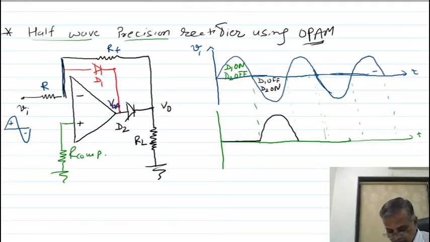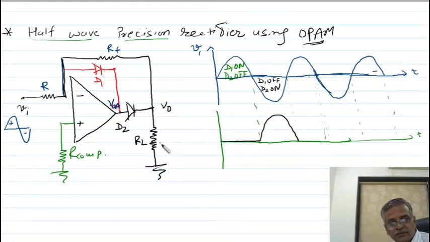Again, listen. When the negative half comes here, this diode will not conduct due to the negative voltage at this point. The output of the op-amp is forced to be positive. D2 will conduct.